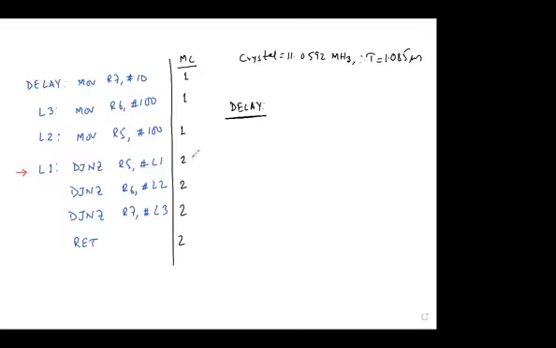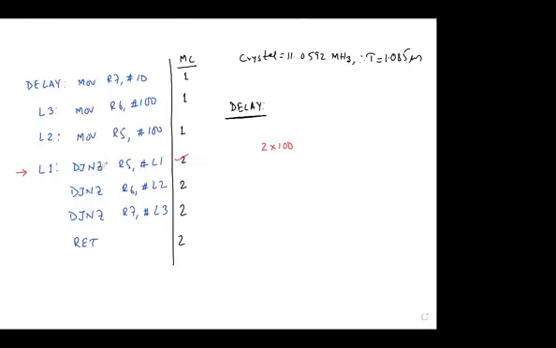Initially for this loop only, how many times will it run? 100 times. I'm asking just for this line, so it will only run 100 times. So you can simply write 2 into 100. When you do this, you tick the machine cycle which you have incorporated.